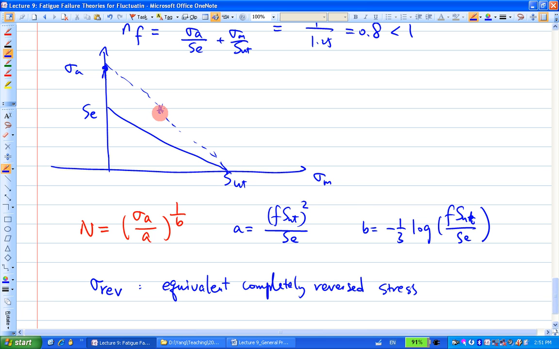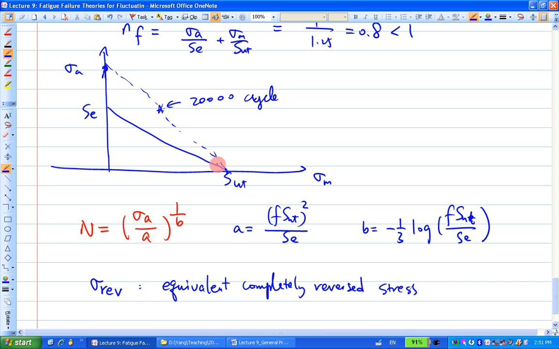That makes sense? Suppose at this point, maybe it fails at 20,000 cycles. Is that okay? I'm not sure, we'll calculate to figure it out. Suppose at this point, the part will fail at this number of cycles.